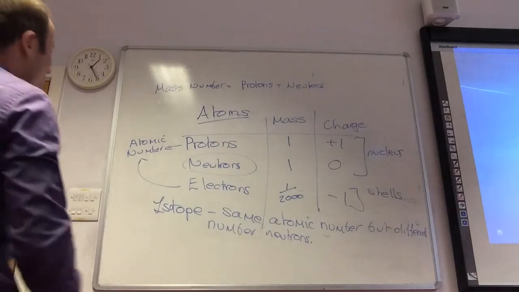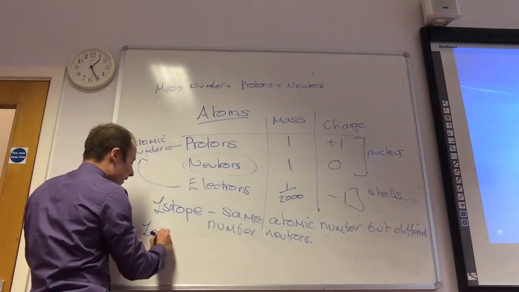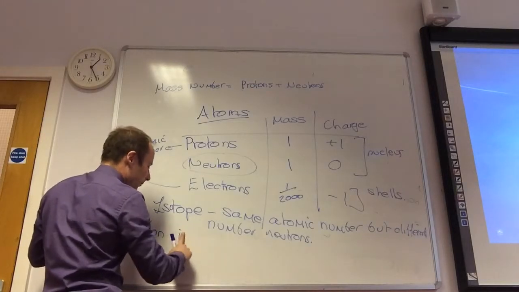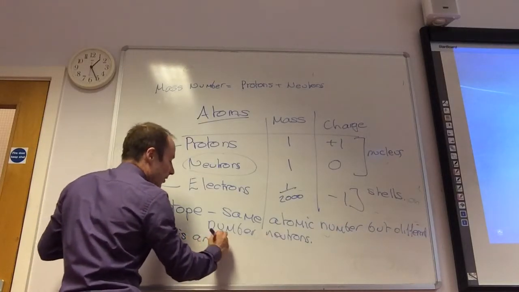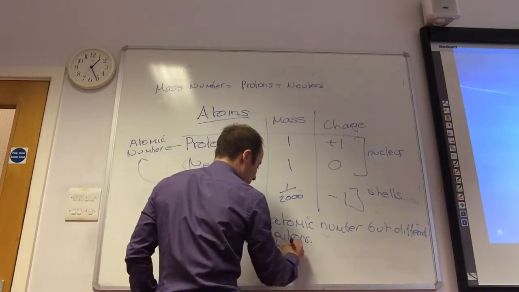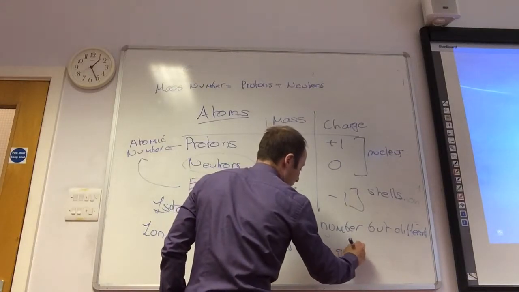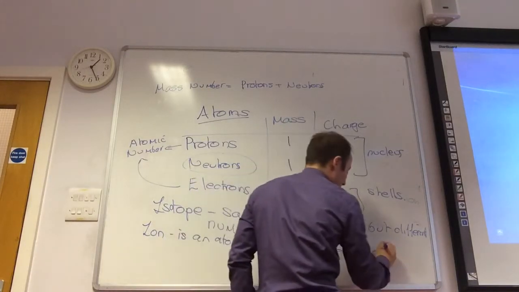Let's have a look. What is an ion then? A charged atom. An ion is an atom that has lost or gained electrons.